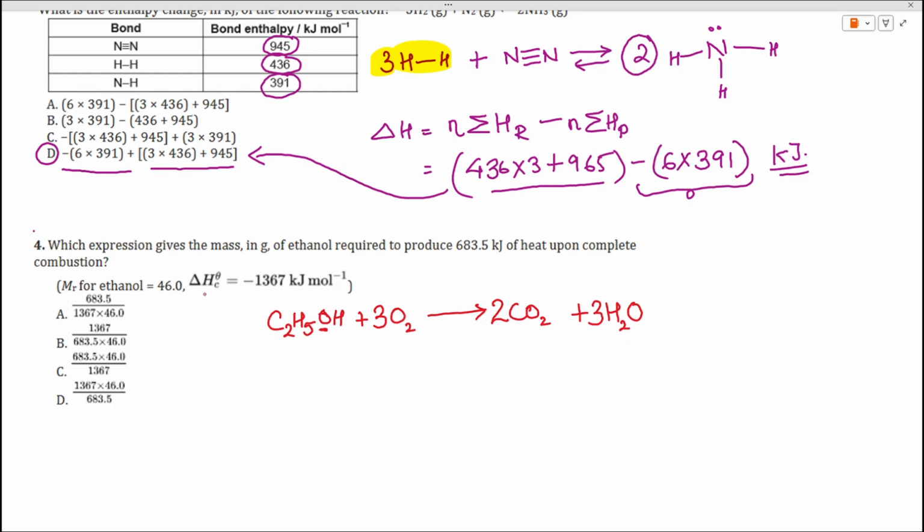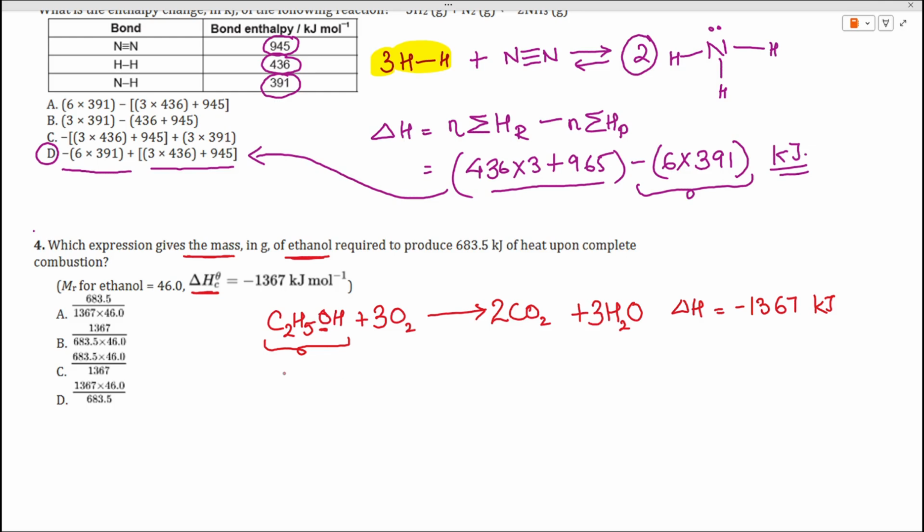And they have given you the delta H of combustion. So delta H for this reaction is negative 1367 kilojoules per mole of ethanol. So it is fine because we have only 1 mole of ethanol. Now 1 mole of ethanol, we'll change it into mass because they are asking us the expression in mass in grams of ethanol.